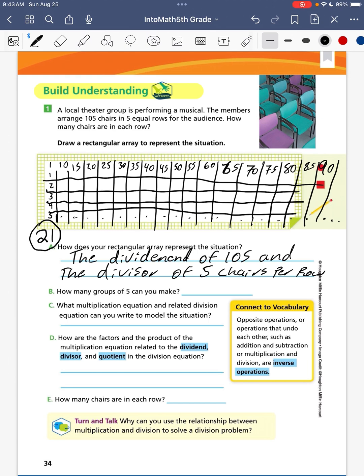How many groups of 5 can we make? We can make 21 even groups of 5 to equal 105. As a multiplication equation, we can say that 5 times an unknown, which I'll draw as a blank square here, equals 105.